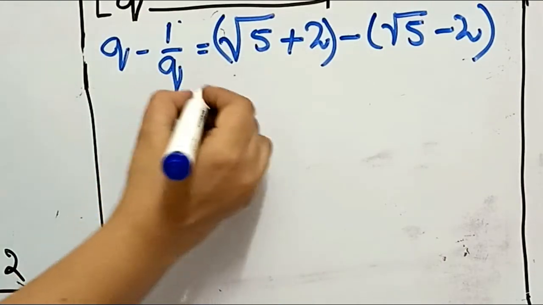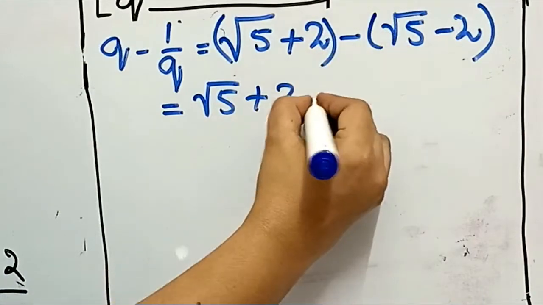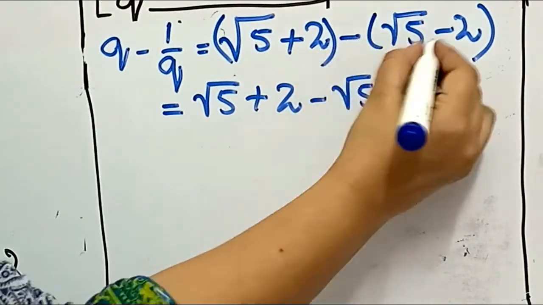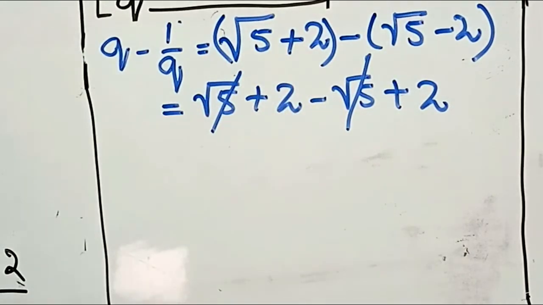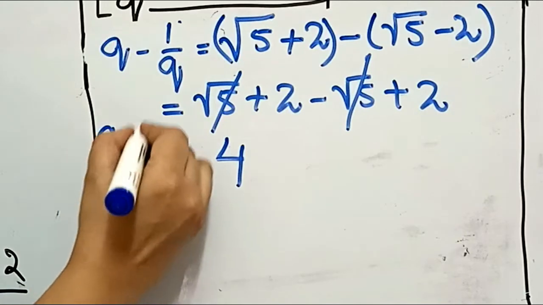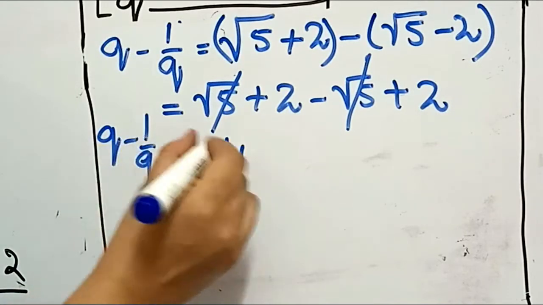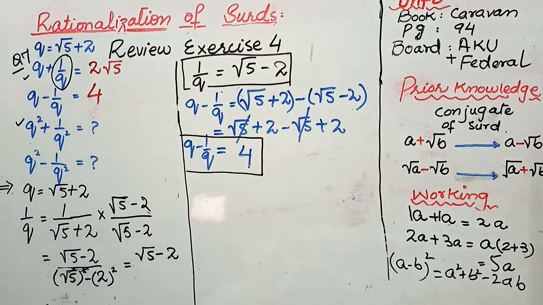When we open it, plus, minus minus under root 5, minus minus plus 2. These two are positive and negative, cancelled, so this is equal to 4. So Q minus 1 upon Q is equal to 4.